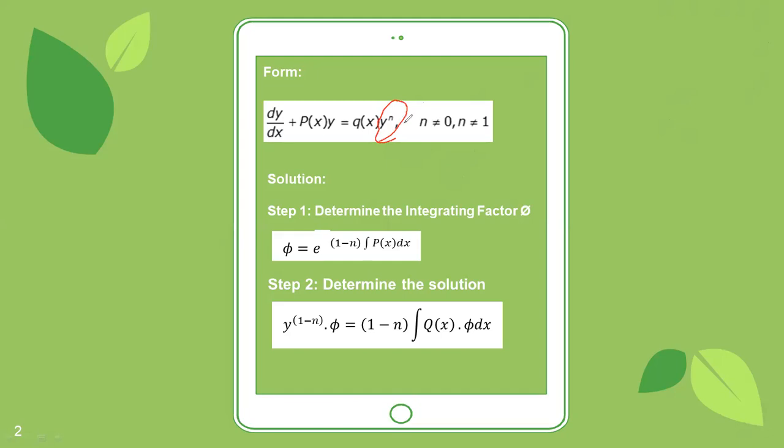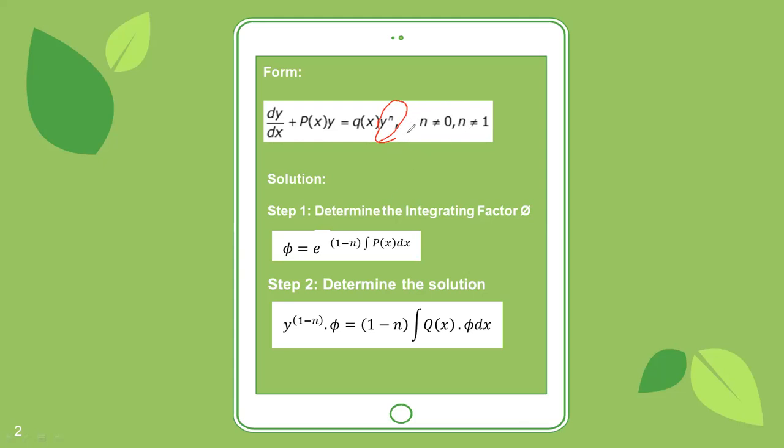However, if you see this form in your first order DE, the requirement is that n should not be equal to 0 and 1. So it should be other than this. It could be a fraction. It could even be negative as long as it's not 0 and it's not equal to 1. Then it's a Bernoulli equation.